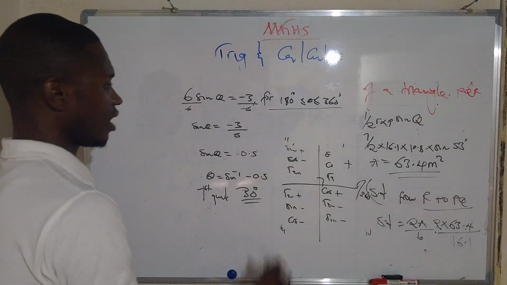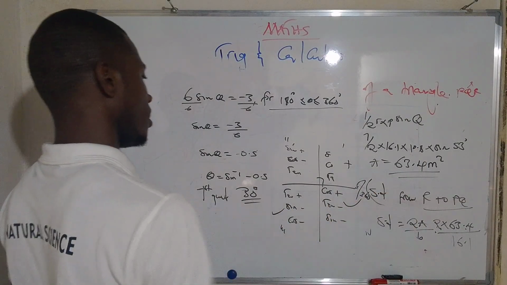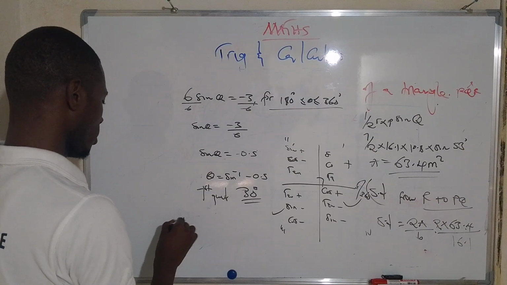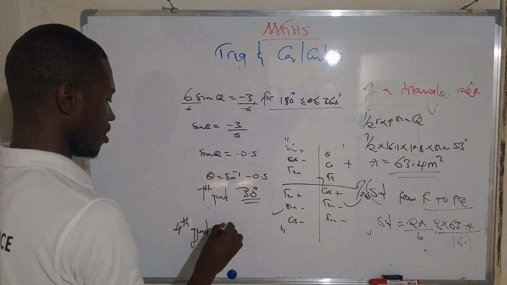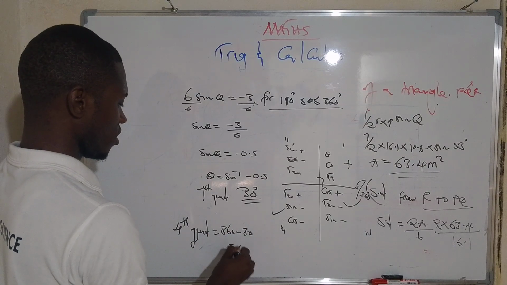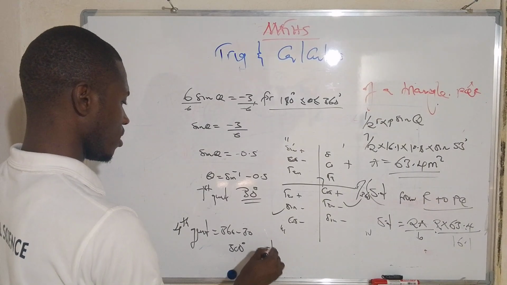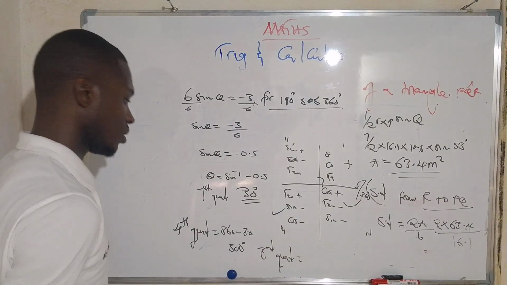So we will find that our answer will come from this and that. So what do we do? In the fourth quadrant, we'll say 360 minus 30, which is equal to 300 degrees. Then in the third quadrant, here I have 270.